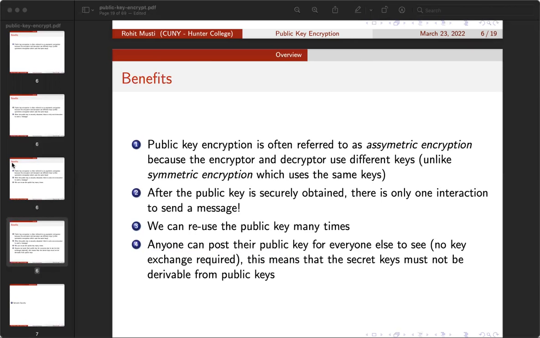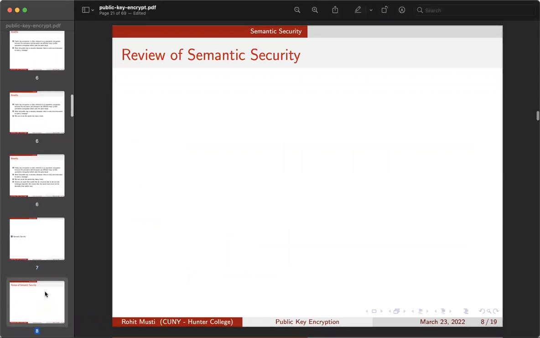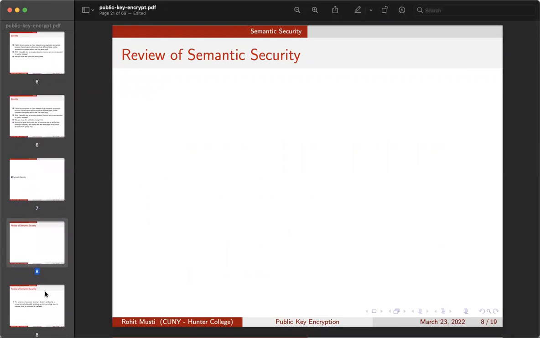Okay. So with that, let's get into semantic security. So a quick review.